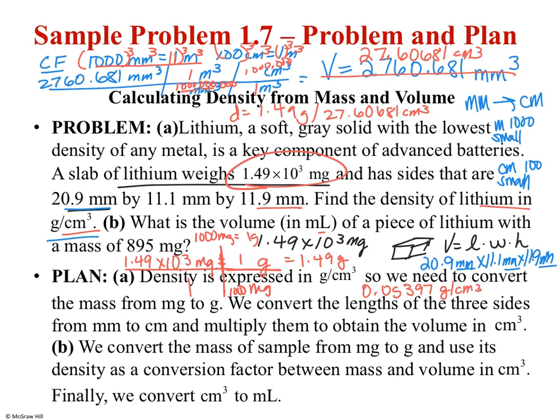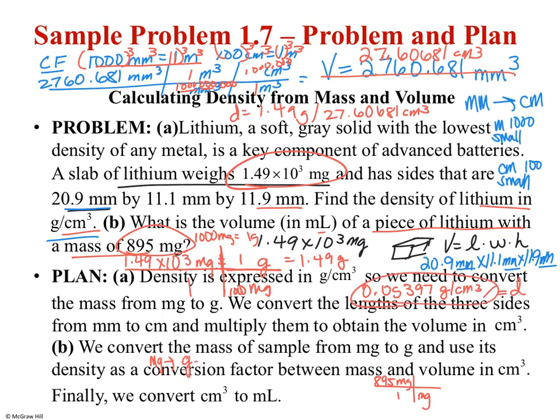What is the volume in milliliters of a piece of lithium with a mass of 895 milligrams? Well, this is what you want to do, folks. This is your number with a unit: 895 milligrams over 1. You want to go from milligram to gram, and now you're going to use this density as a conversion factor.